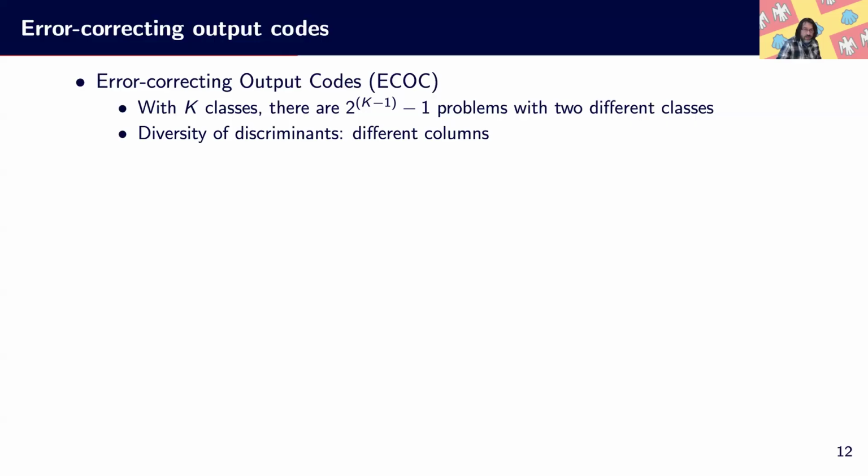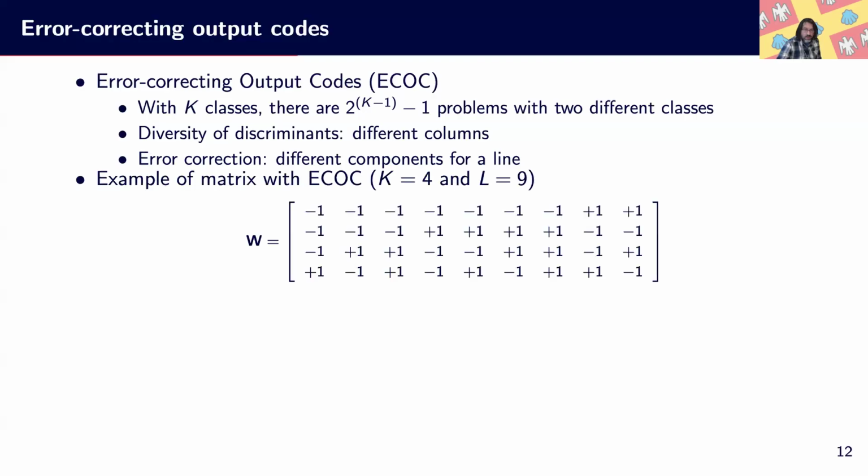So we want that to be diverse, and so we specialize them on different classes. And the idea with error correcting output codes is that we will build this in order to increase the Hamming distance between the different components of a line.